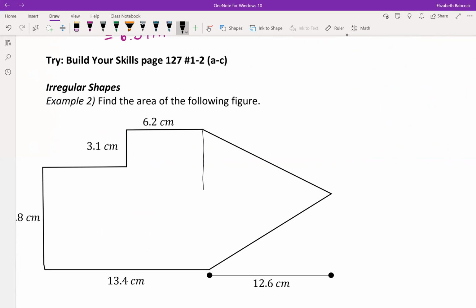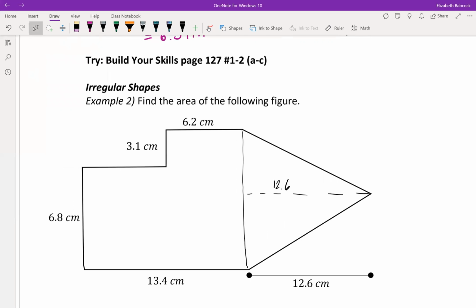So for example, I can split this one here, and I have a triangle. Note that my height would be 12.6. My base would be 6.8 plus 3.1, because it is this side and this side long.